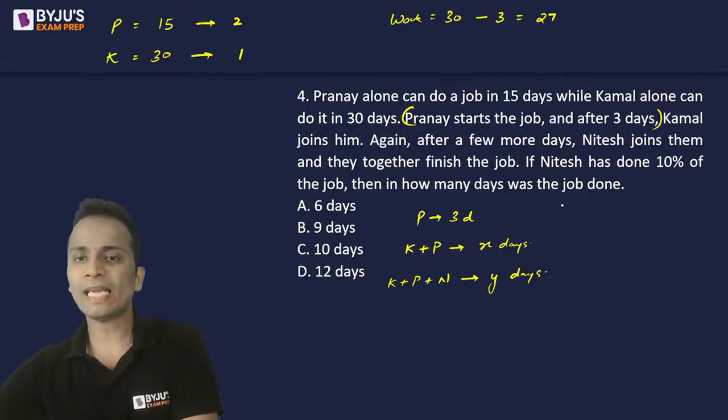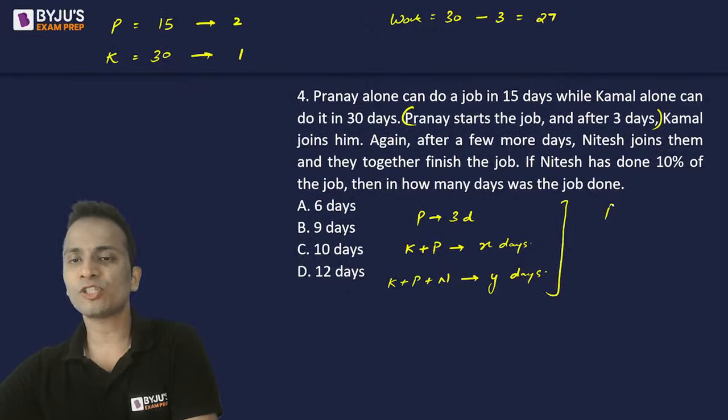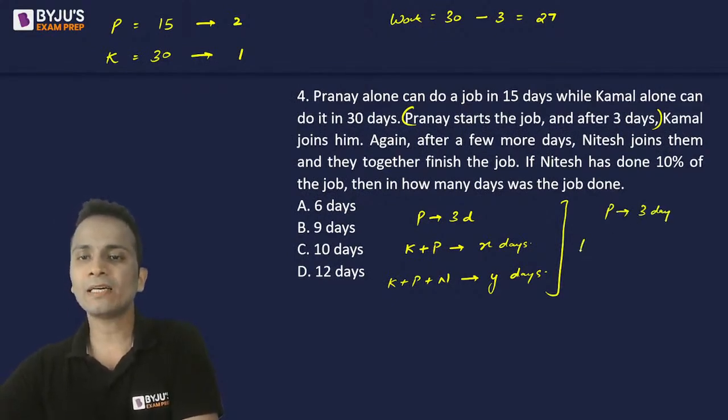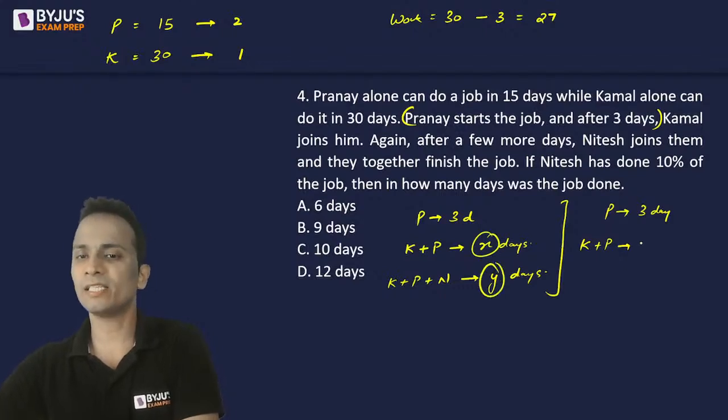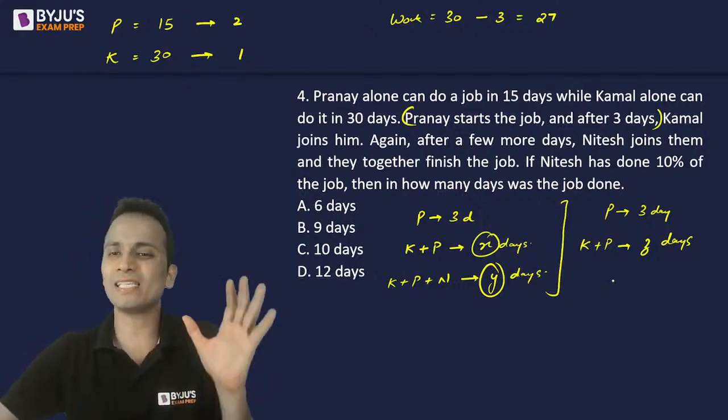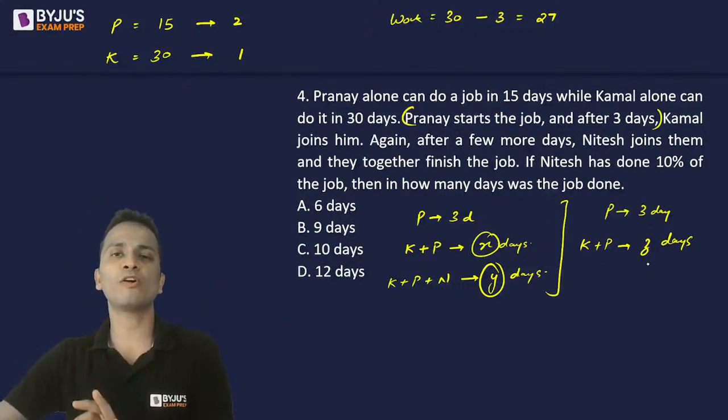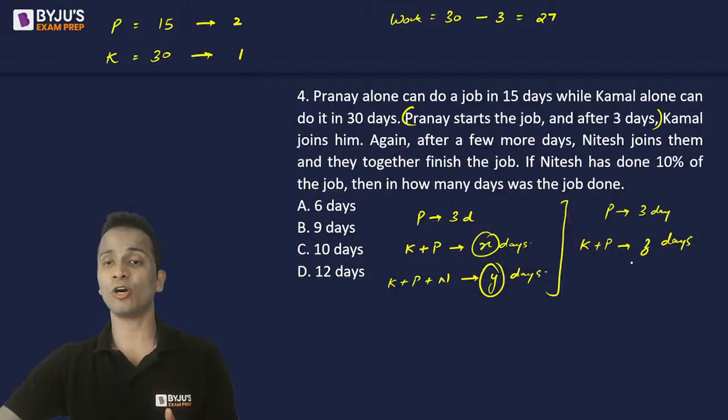So Pranay first worked for 3 days and then Kamal and Pranay both of them worked for, let's say, instead of x plus y, let's consider z. So x plus y you can assume as z. So Kamal and Pranay worked for z number of days and the work got finished.